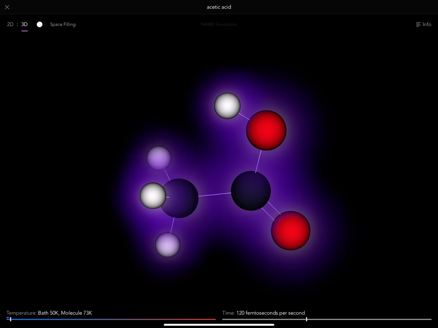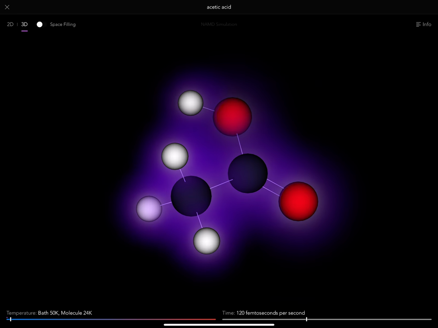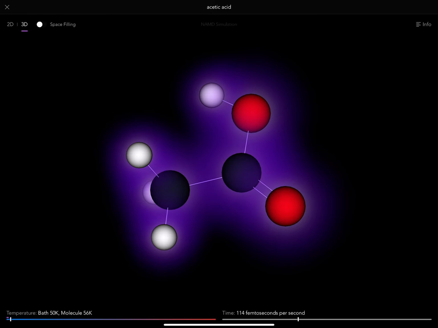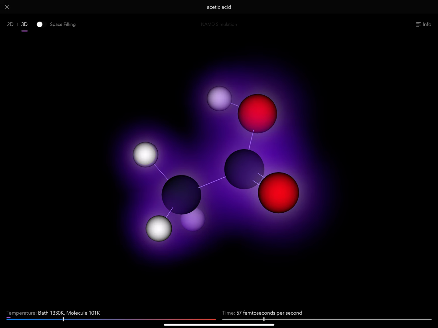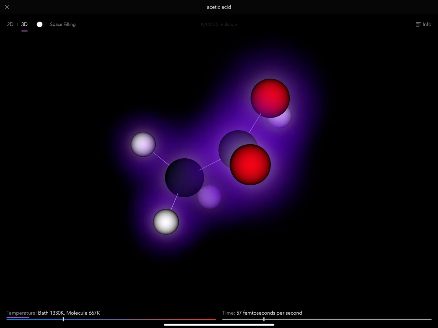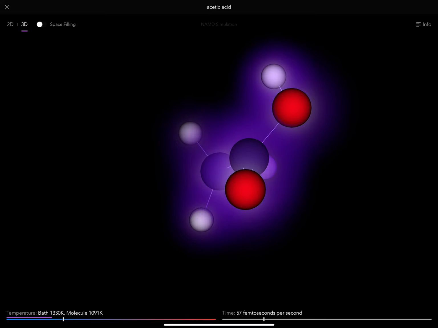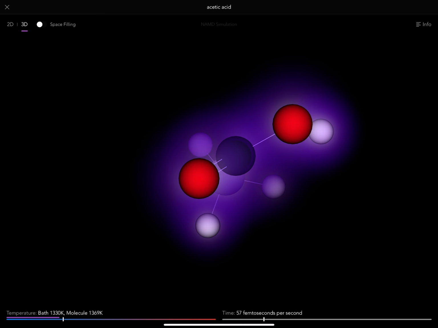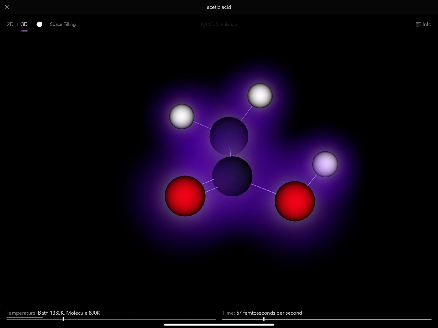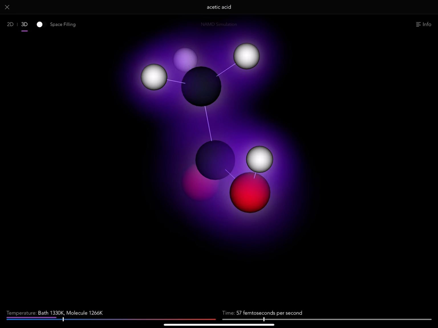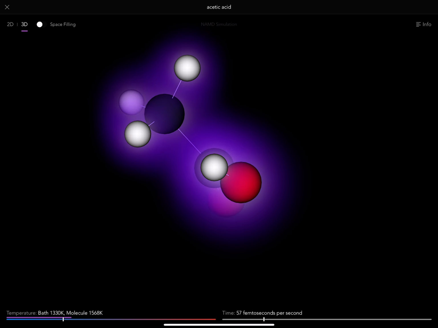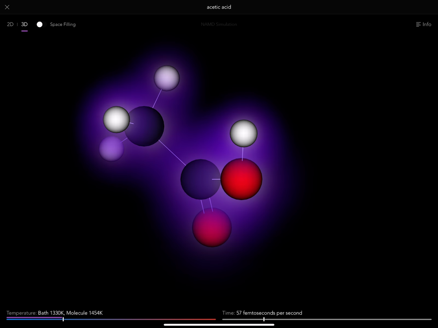That's fine. So you can see, if we slow down the time scale, but we turn up the temperature, you can see bonds vibrating and you can see bonds bending. So stretching back and forth along the axis between two atoms, and then bending of atoms in a bond angle changing slightly.